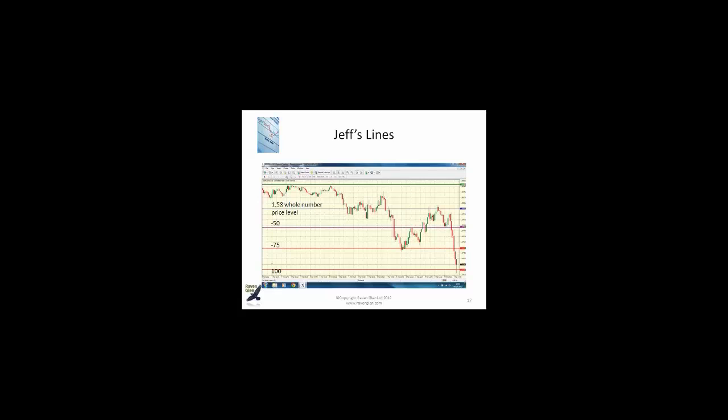Here is another example. Again, the green horizontal line represents the opening price of the day, and you can see we've got a 1.58 whole number marked with a blue line. The price moved away eventually from the opening. It hesitated around the whole number at 1.58.